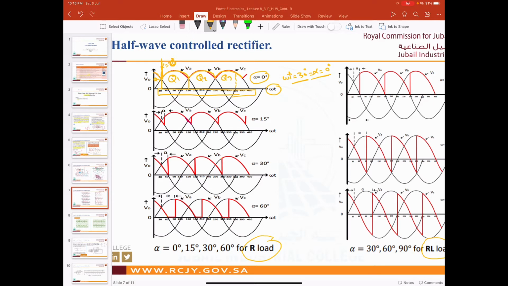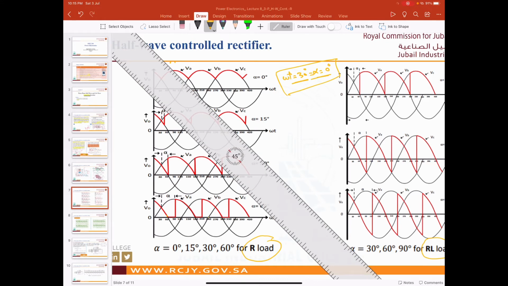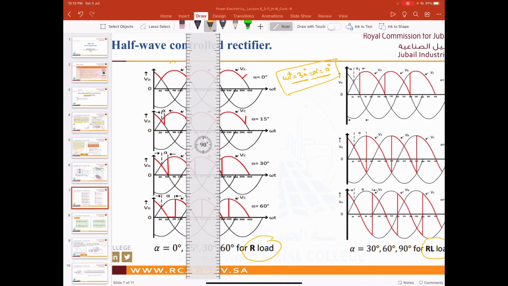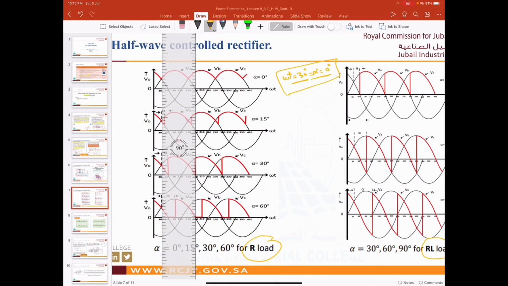Now let me erase here, guys. Now this is simple. Let's go for the other waveform, but I'm going to keep this one here to make sure that you understand. Now let me just take the ruler. I'm going to draw a line for the 30 degree, and let us see how the waveform is acting.